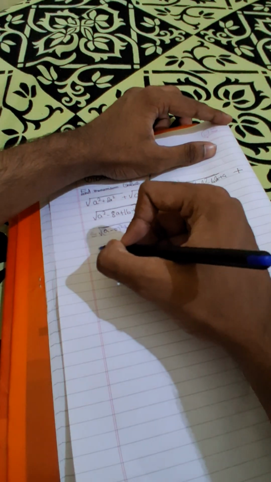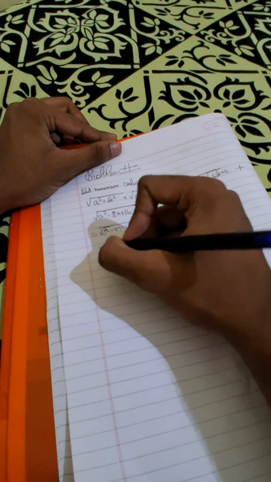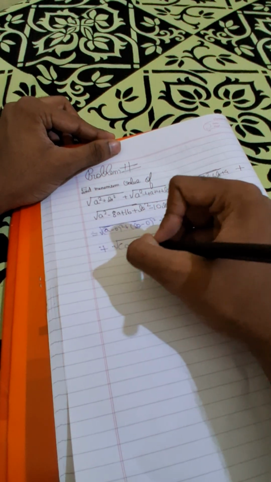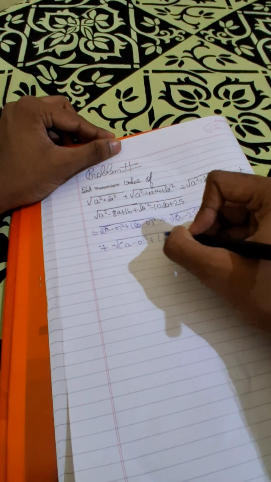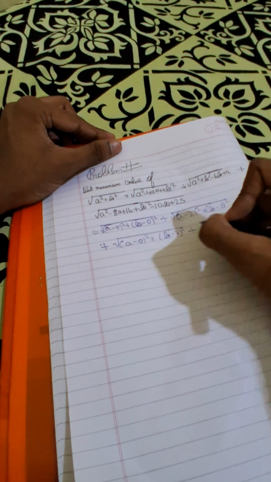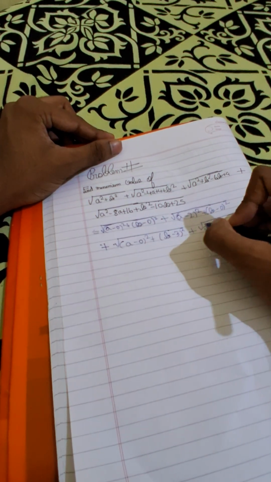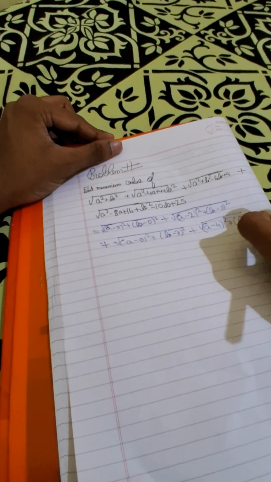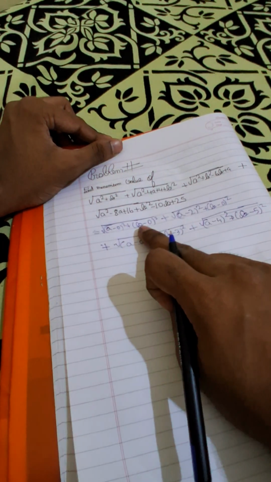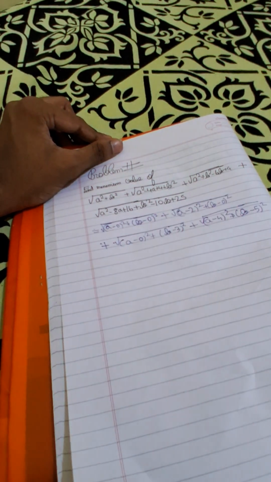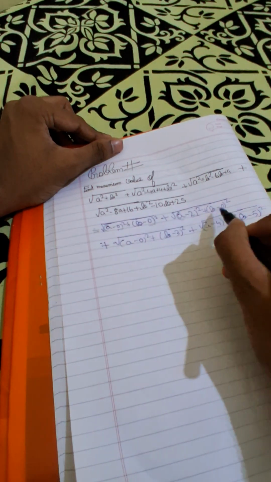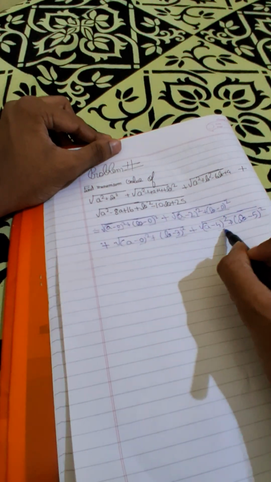Plus, this term can be written as root of (a minus 0) whole square plus (b minus 3) whole square. Plus, this entire term can be written as (a minus 4) whole square plus (b minus 5) whole square. So basically the point (a, b) has the minimum total distance from the points (0, 0), (2, 0), (0, 3) and (4, 5).